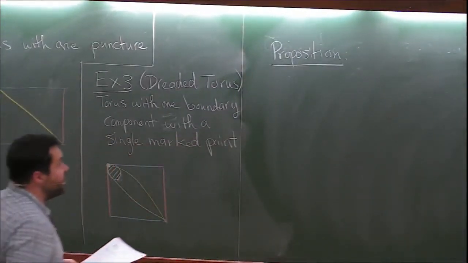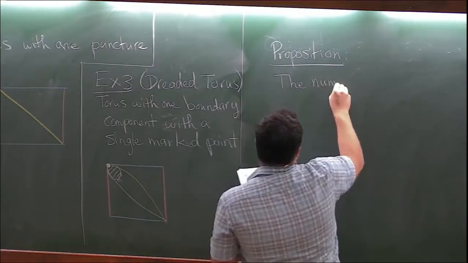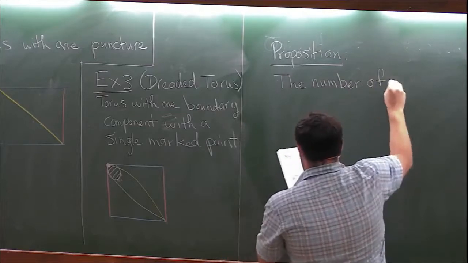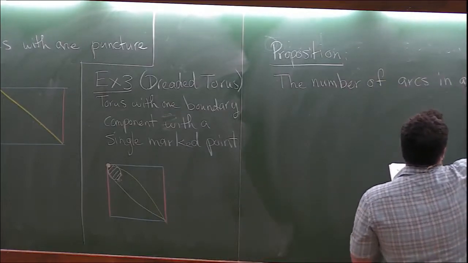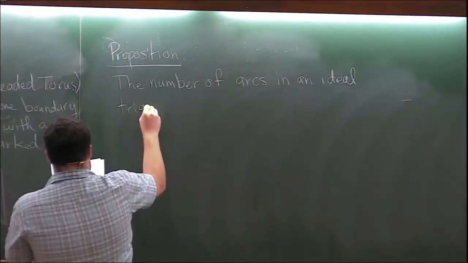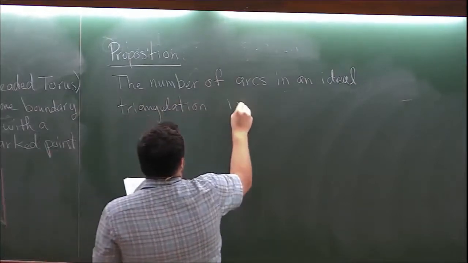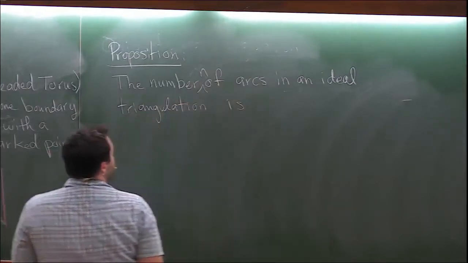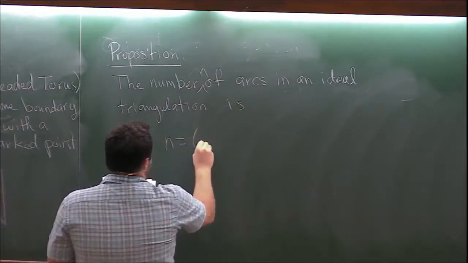The number of arcs in an ideal triangulation of a marked surface, I'll call this number n. So the number n of arcs in an ideal triangulation is given by this formula.